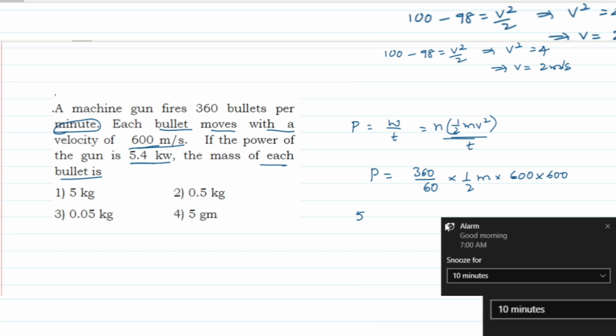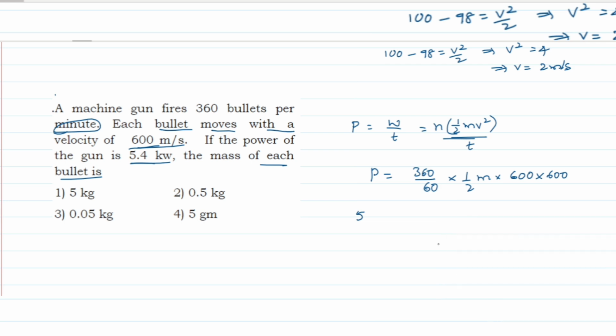So we get 5400 watts, which is equivalent to this. 6 times 6 goes, and 3 times, so 3 into m into 6 sixes are 36 into 10 power 4.